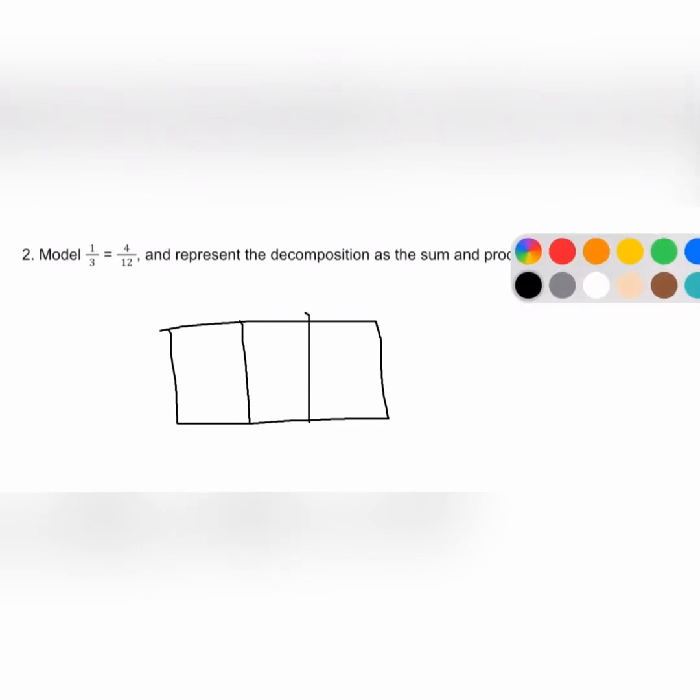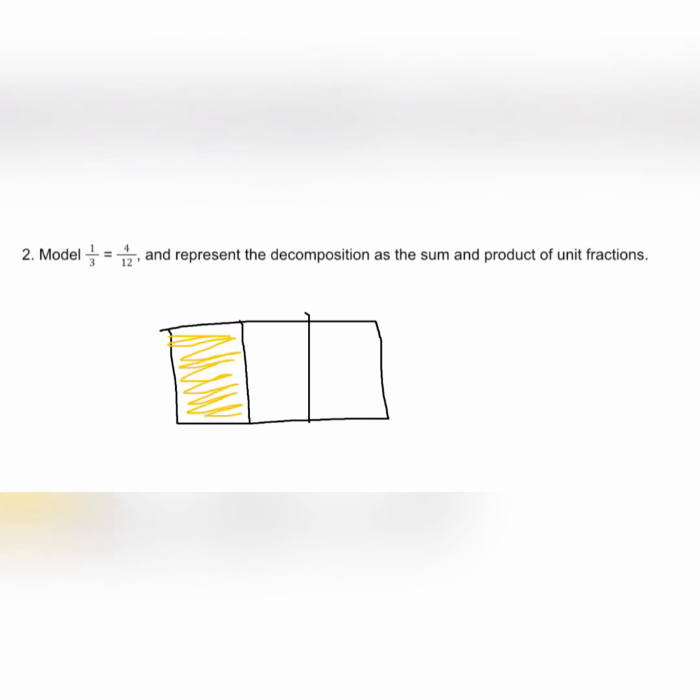I'm shading in one of those parts to represent 1/3. If we draw one horizontal line, will the fraction be decomposed into 12ths? No, that breaks it into 6. We need to draw 3 horizontal lines to break this area model into 12ths.